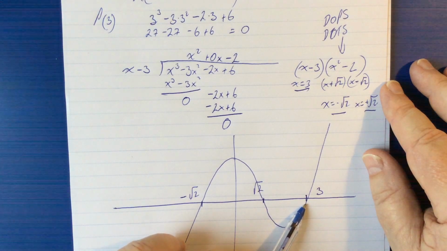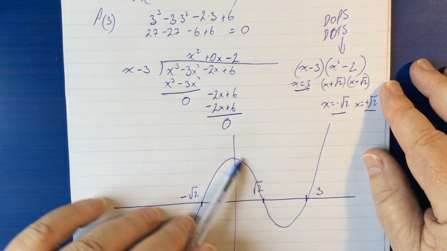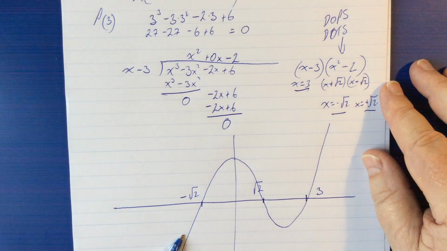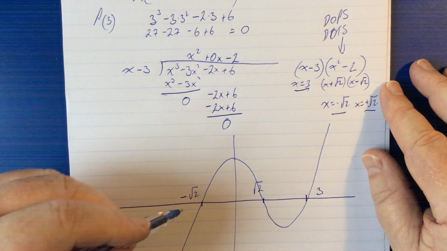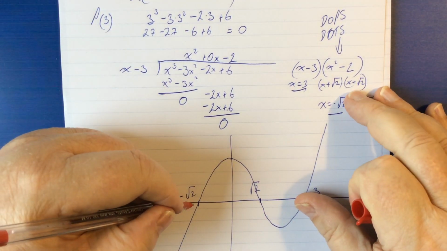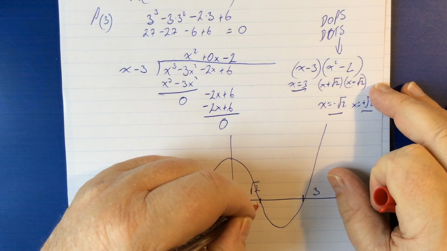We are concerned with where this function is less than 0. And it is less than 0 here and here.